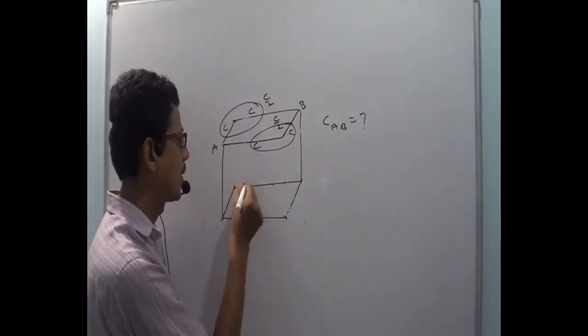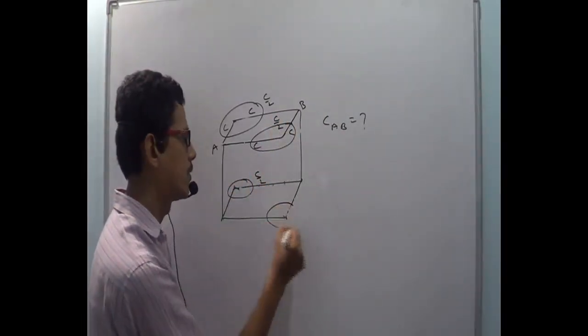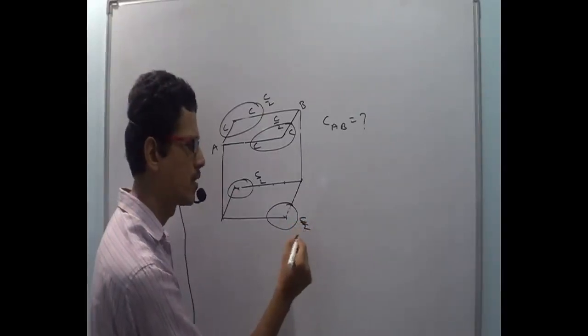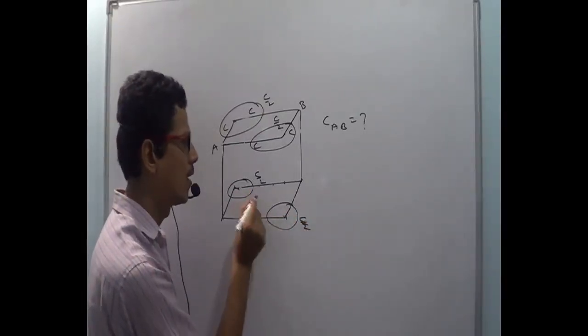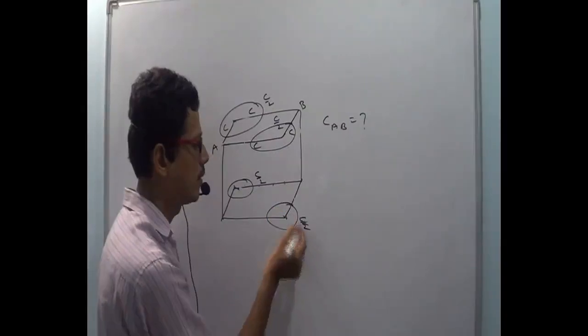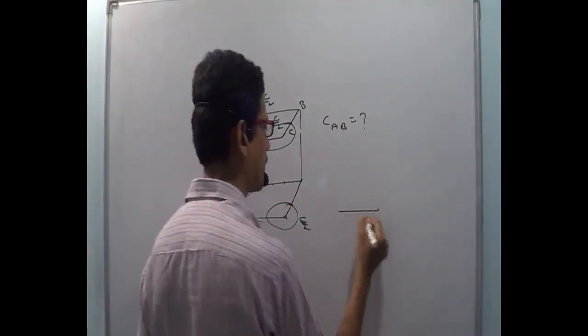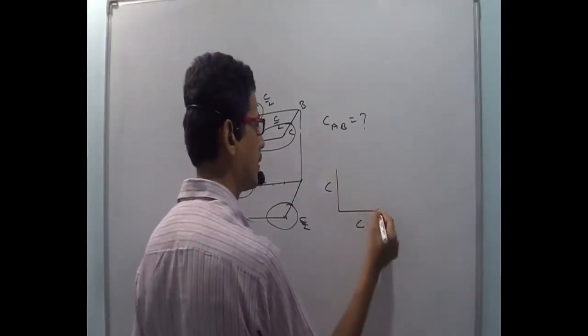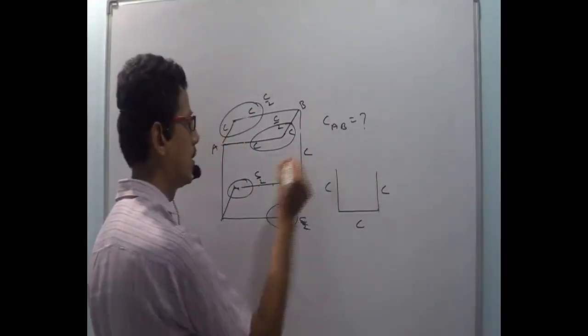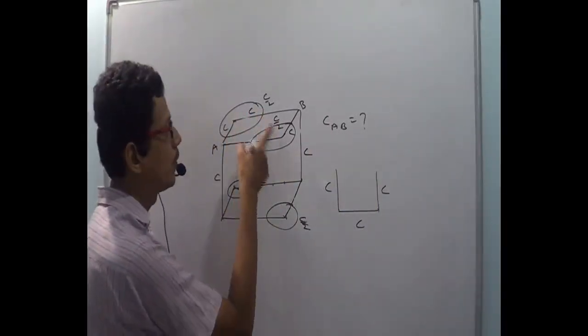Okay, and this is C/2 and this is also C/2. C into C/C plus C, series, and then parallel అంటే యాడ్ చేయాలి. C/2 plus C/2 is C. This is C, this is C, this is also C, and C/2 plus C/2 is C.